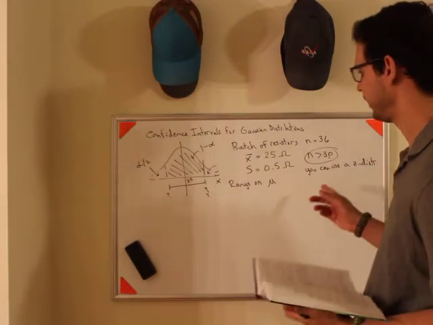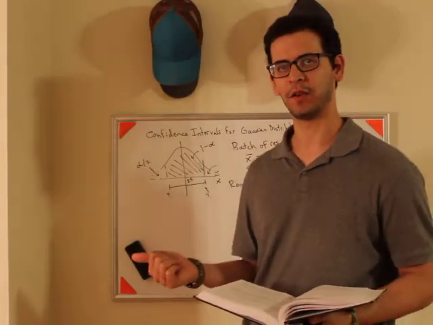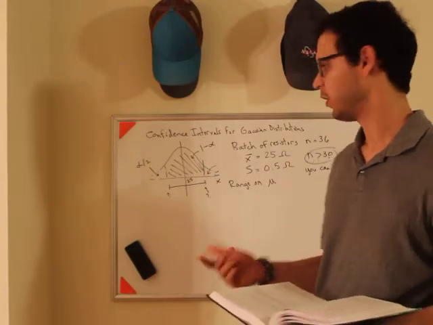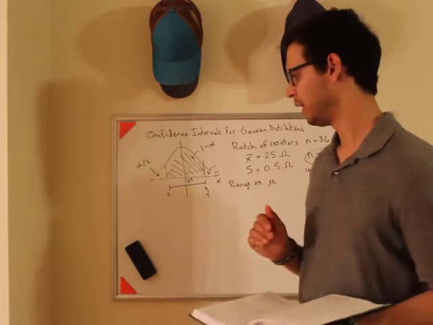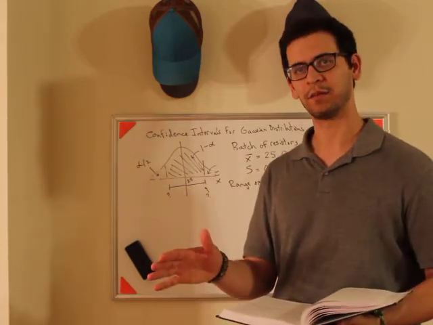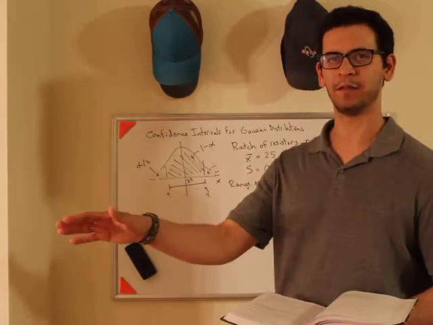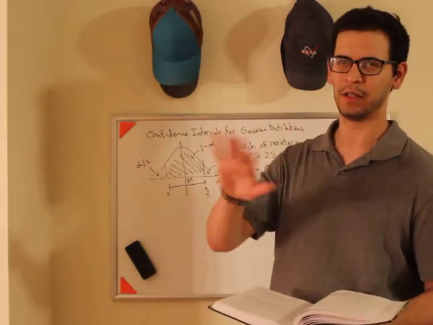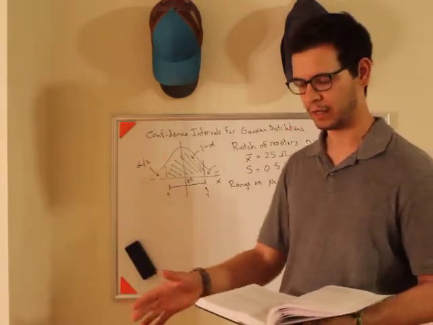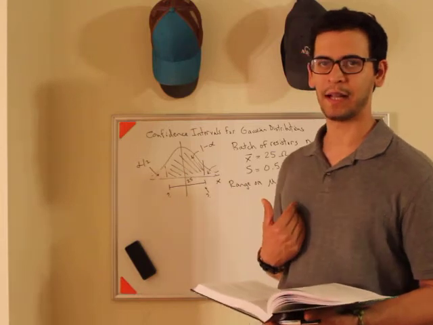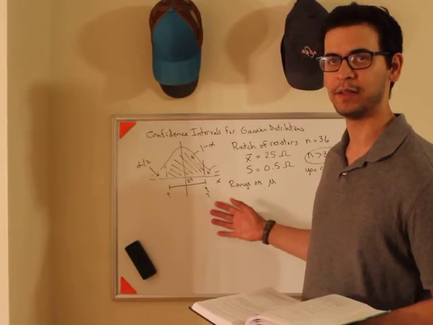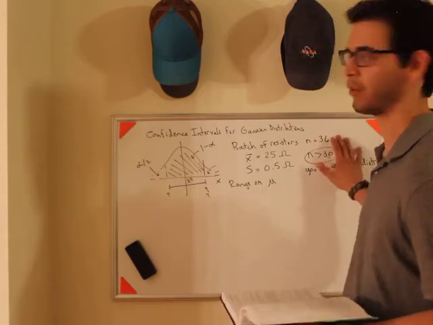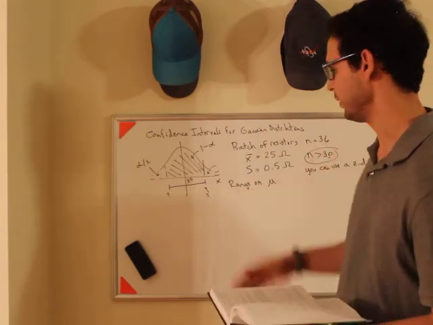If you have less than 30 samples, your distribution is not statistically Gaussian, and you have to use something called a t-star distribution. That's a different table and a different kind of thing. All the problems that I'm going to assign, and what I'm going to go over right here, are only in the z distribution. And so in this case, you have 36 samples, so you can use the z table.